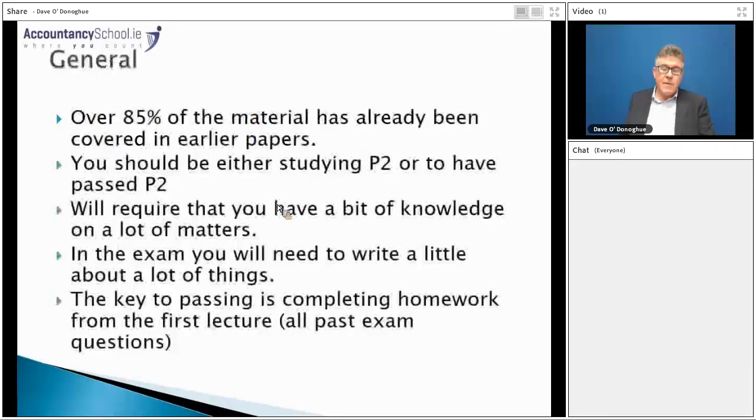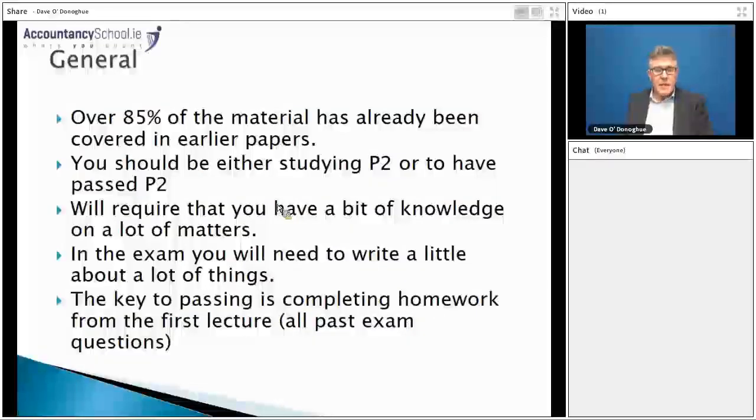In general, as far as P7 is concerned, it's important to remember that around 85% of the material you'll have already seen through your F8, P1 and P2 studies. Don't forget that you must have either studied or passed P2 or be attempting P2 at the same time as your P7 studies. You will be at a considerable disadvantage if you take on P7 without having already studied P2.